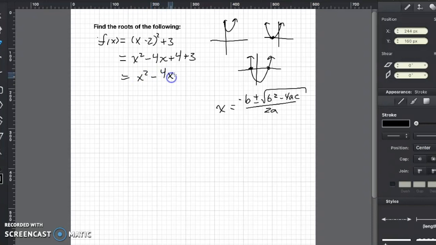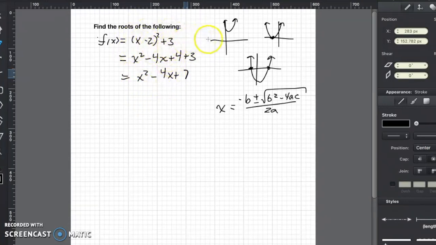I might start with something in standard form, or in vertex form. Either way, if I can think of my transformations and I know there's no real roots, I need to use the quadratic formula. If you try to use any other method on this, it's not going to work out nicely for you. So the quadratic formula is the way to go when we don't have any real roots.